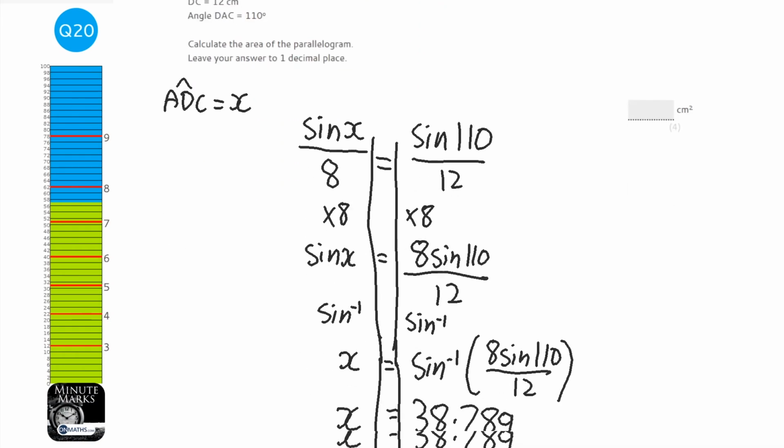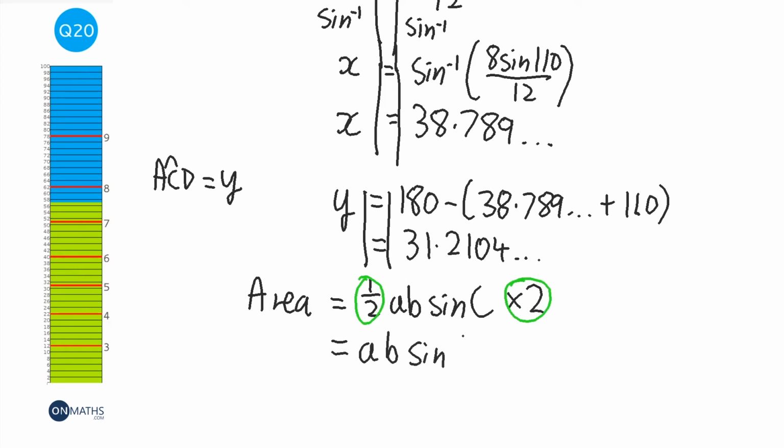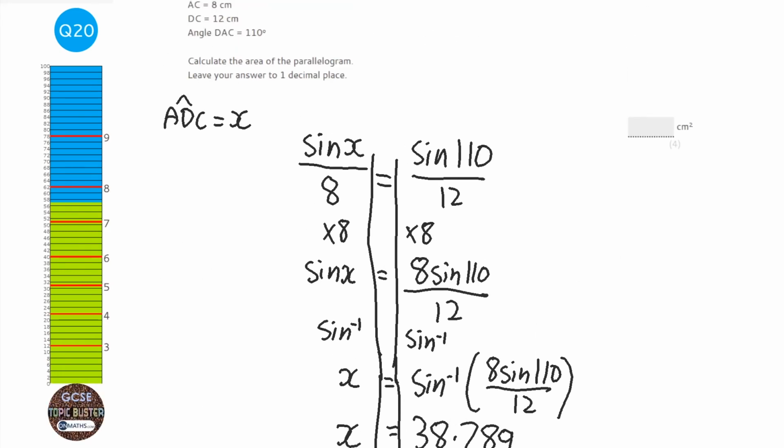So what we also need to do is then times this by 2. Now if we notice that the half and the times 2 will cancel, so it's just going to equal AB sine C.